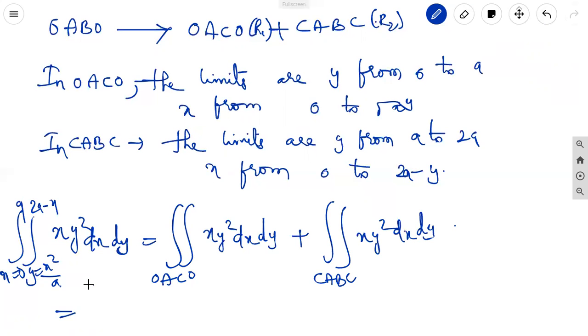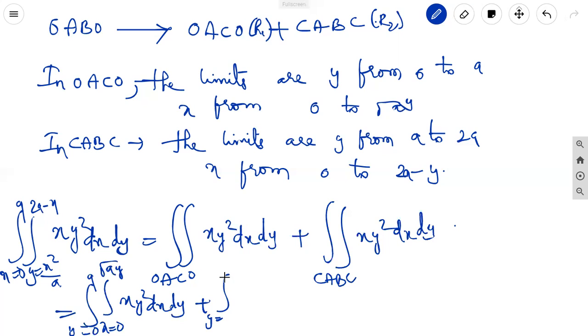Then we can take the limits. OACO: y limits from 0 to a, x limits from 0 to root of ay, x y square dx dy, plus y limits from a to 2a, x limits from 0 to 2a minus y, x y square dx dy.